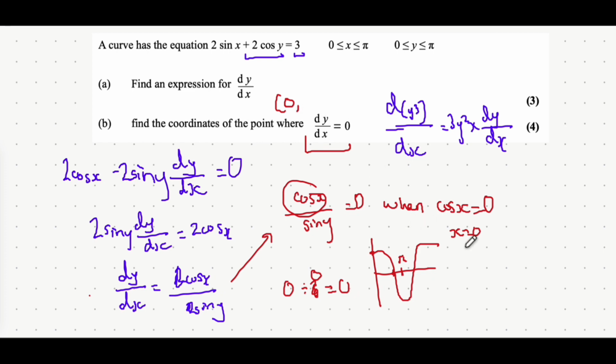To find the y coordinate, now that you've got that x coordinate, let's have a little think about it. So cos x we know is equal to 0, but we want to find the value of sine... Sorry, I've had a bit of a mind blank. So we found the x coordinate where dy dx equals 0. We now need to find the y coordinate.